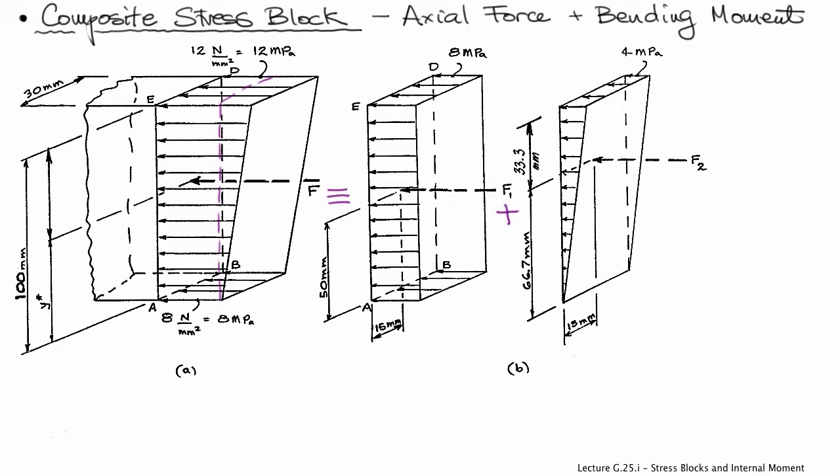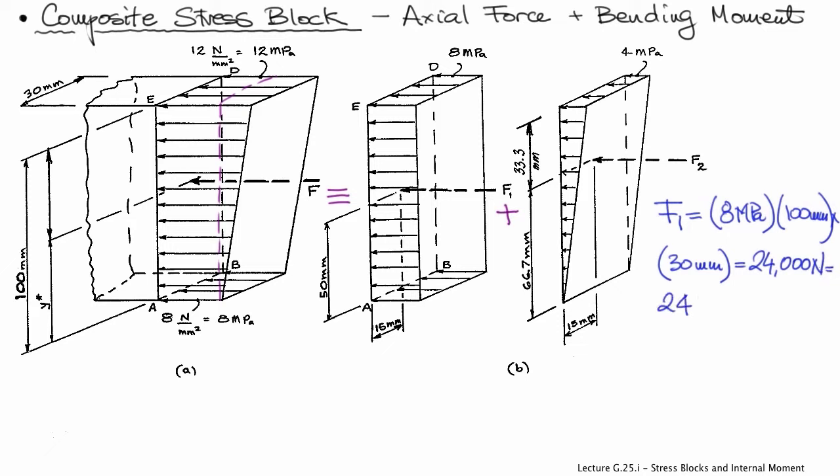It's easier if we divide this stress block into components, for example, into a constant load intensity component and a linearly distributed variable stress intensity component. So a rectangular component, a prism component, and a wedge component. For these components, we can easily then determine the magnitude of those two forces.